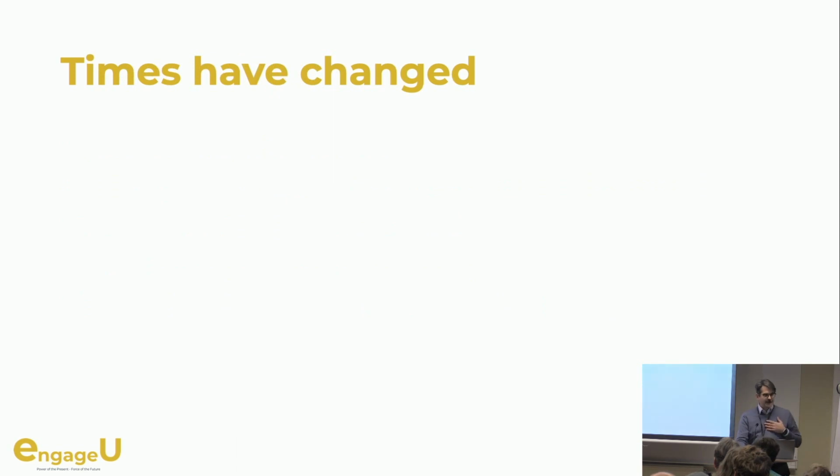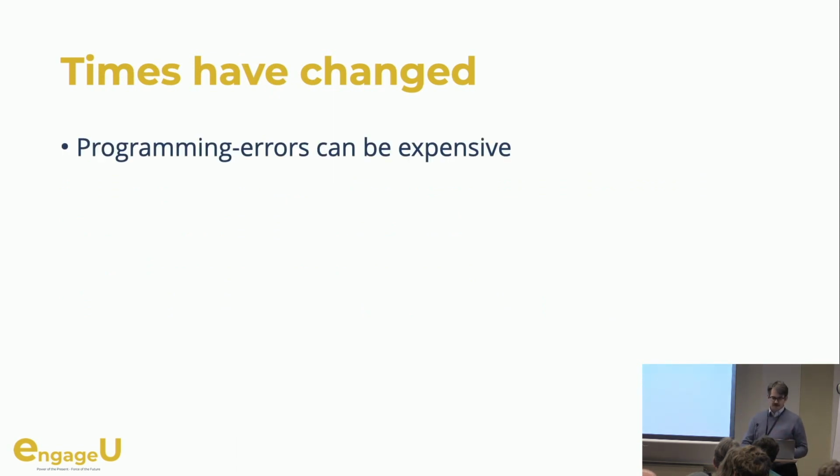So times have changed, because programming errors can be really expensive. If we make an error in a, say, VAT calculation for a couple of years, and our customer gets a tax fine, they can hold us accountable for it.